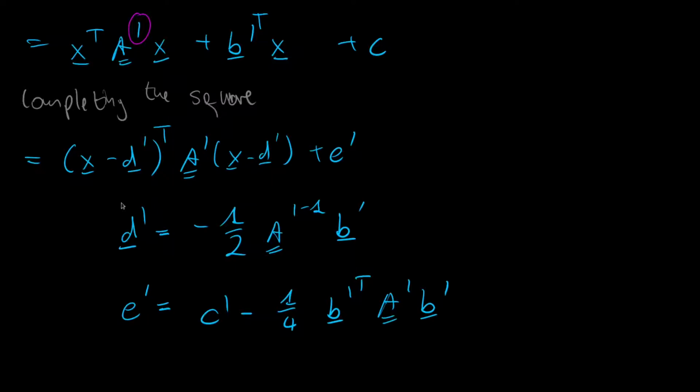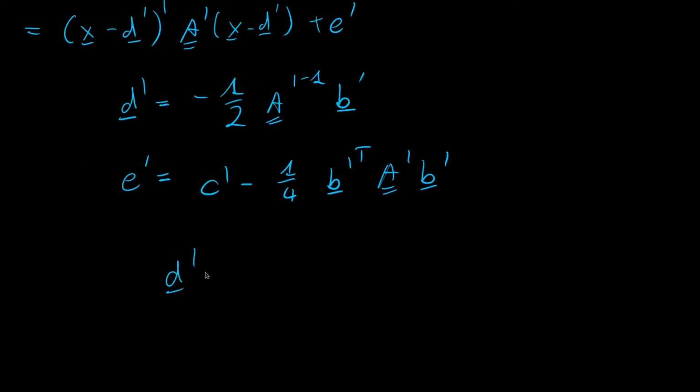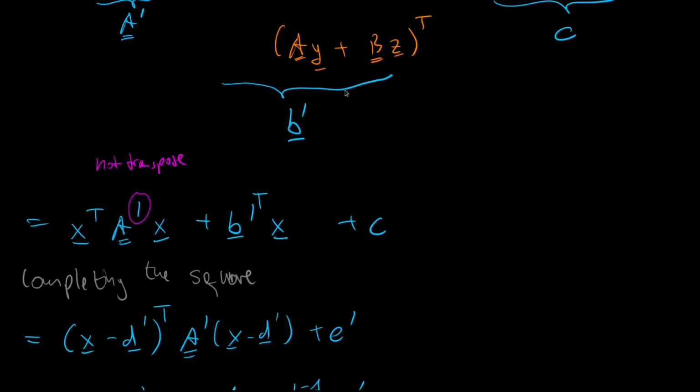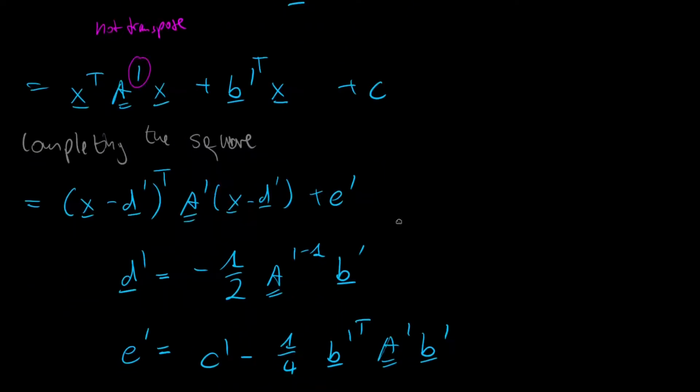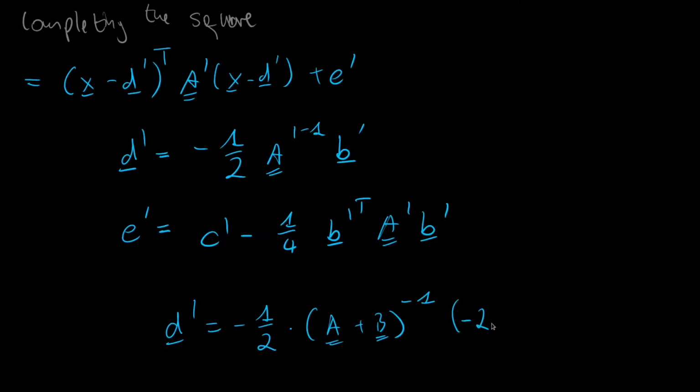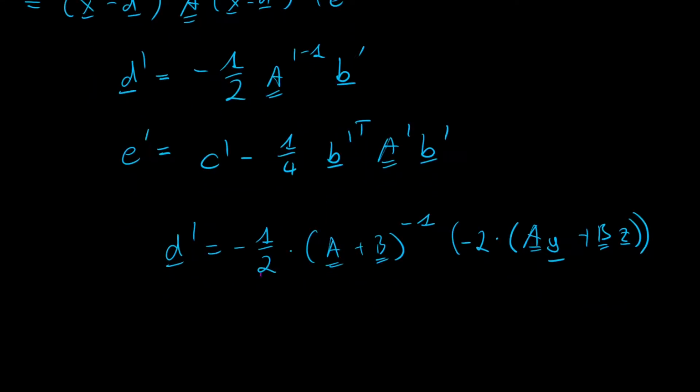Okay, let us start with the D prime, and for this we will be having minus 1/2, and the A prime was an A plus B, so A plus B in brackets inverse times the vector B prime, and the vector B prime was what we had here, so we are getting times minus 2 times matrix A y plus matrix B z, closing brackets, and then we see the 2 and the 2 cancels, and the minus cancels.